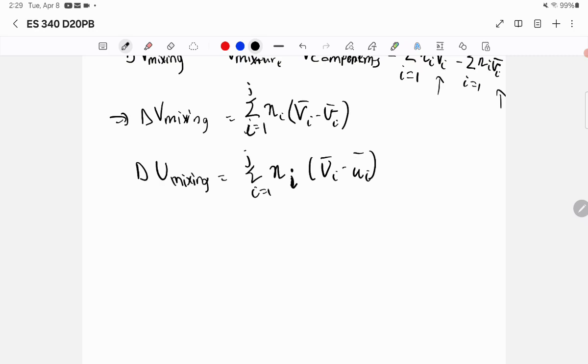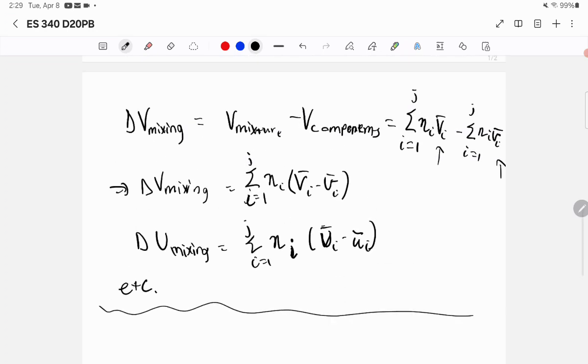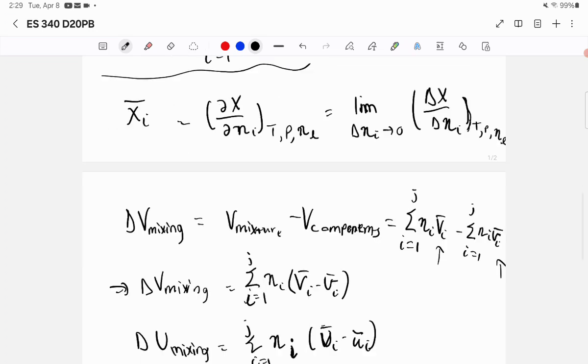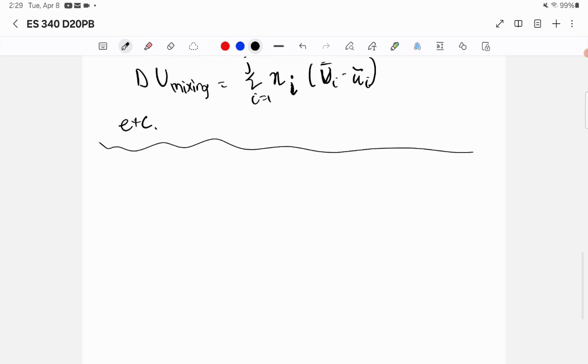Lowercase u and capital U bar, and so on. Okay, so you can replace h and s and write out the same formula, etc. for any of those quantities. Okay, so now we can actually handle mixtures by doing this. This kind of leads nicely, essentially directly, into something called the chemical potential.